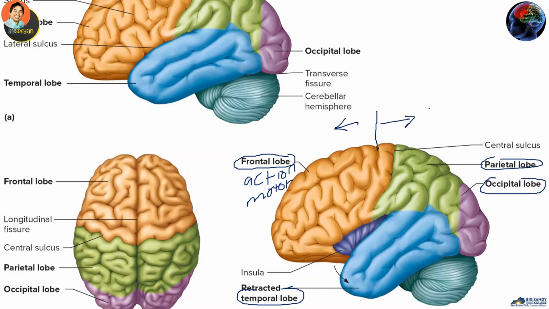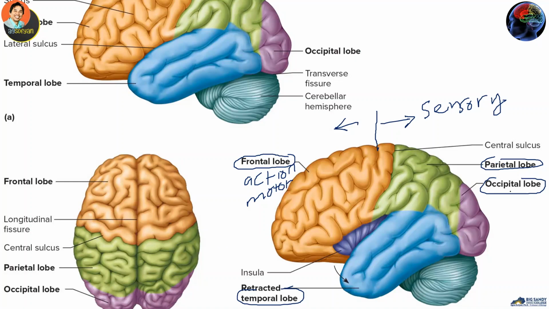Most of the back part is used for sensation, so the sensory functions are mostly located on the back part of the brain, like the parietal lobe and temporal lobe, mostly used for taste, sensations, smells, and hearing.